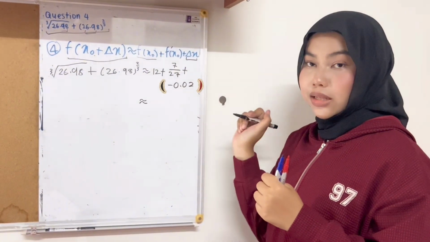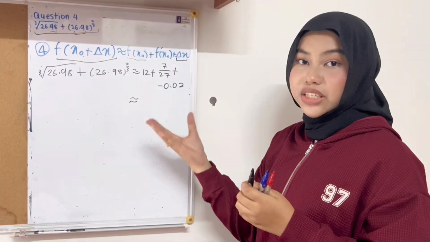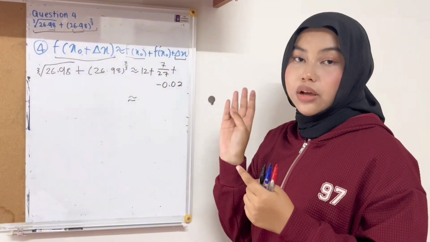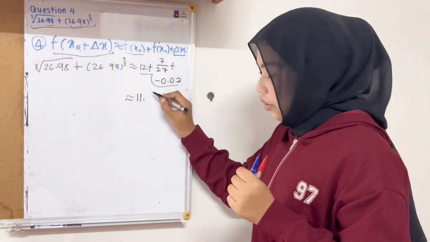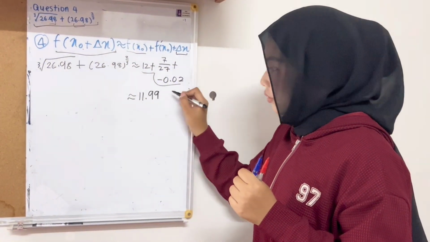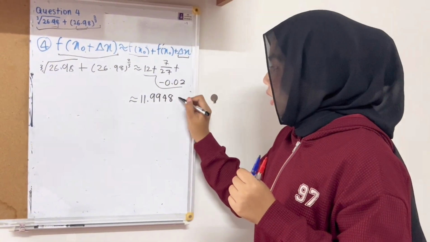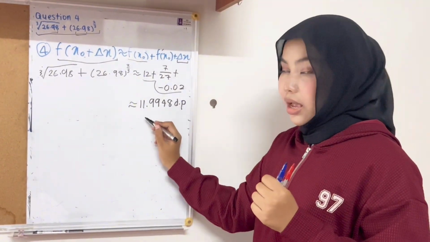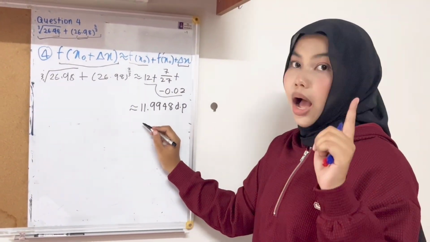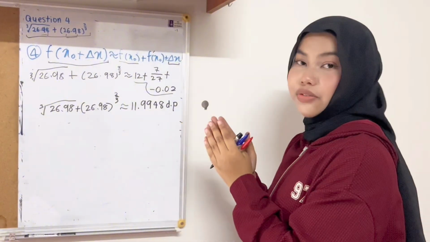So you can calculate this, and the question wants it in 4 decimal places. I got 11.9948. This is the final answer. Okay, that's all for question 4.